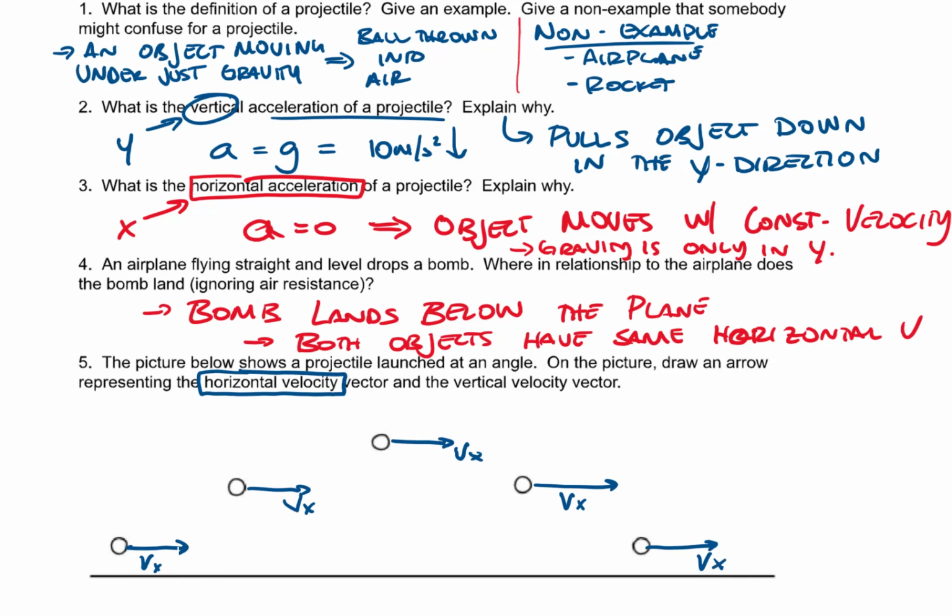But in the vertical direction, just like an object that we throw up and down, we start off with the velocity in the y direction, but that's going to slow down, and it's going to stop at the very top. The velocity in the y direction is 0 at the very top, and then it's going to turn around and speed up. That's what's going to happen with the vertical velocity.